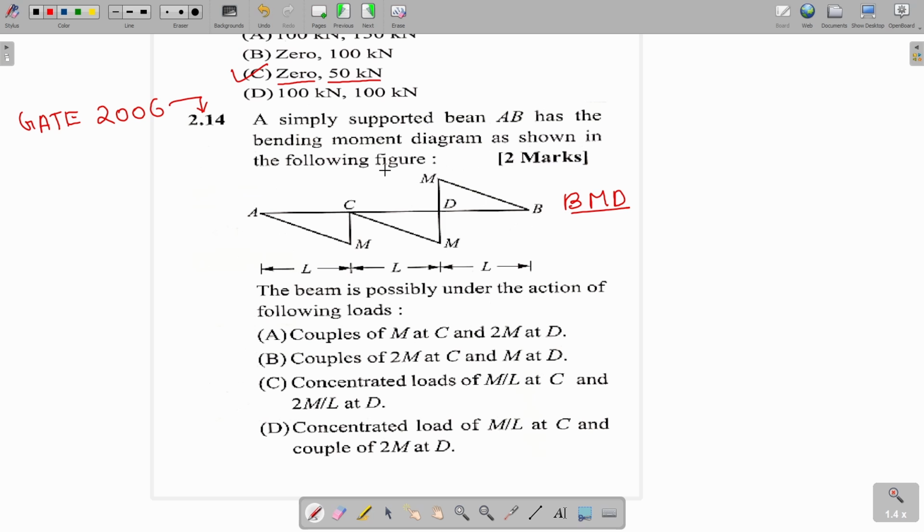From this diagram, it is clear to us that no load will be acting. However, at C there is a sudden change in moment, and also at D. It indicates that there will be a couple acting at C and at D. Now, what are those couples? We need to find out.